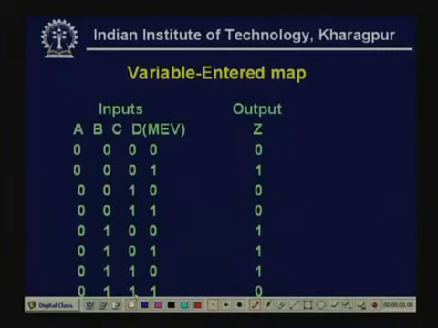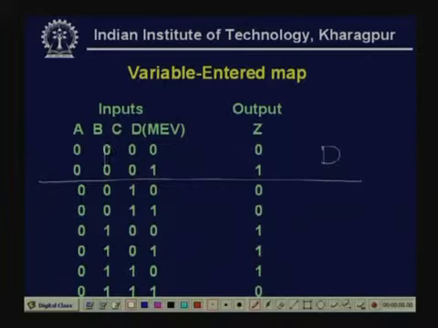I have taken ABC as the normal variables and D as the map entered variable. So this is for the first one. So this output Z is nothing but D.